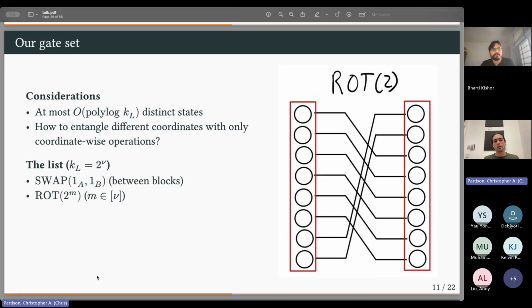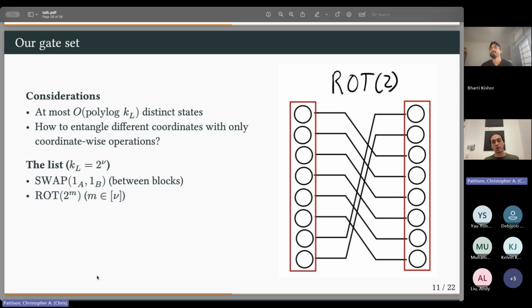So one operation that we have to add into the gate set takes the qubits and applies a rotation to the register. In this case, I've drawn a rotation by 2, and we actually do it by powers of 2.